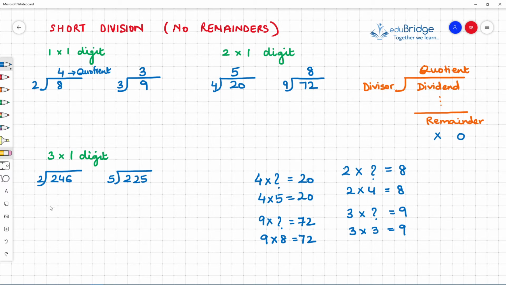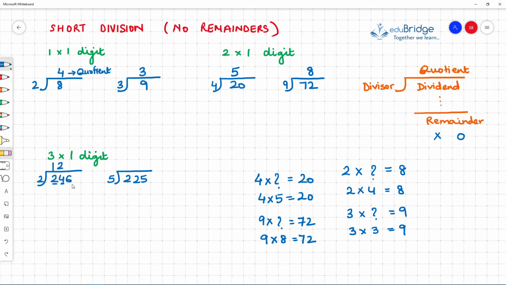Okay. Another example, we go one step further with 3 by 1 digit. So we have 2 as the divisor and 246 as the dividend. How do we divide this? We take 2 and we pick the first number here, which is 2. 2 times 1 is 2. Complete. We pick the next number, 4. 2 times 2 is 4.